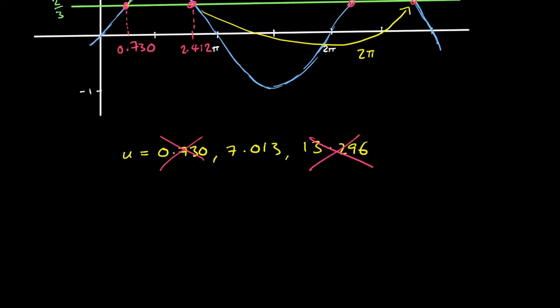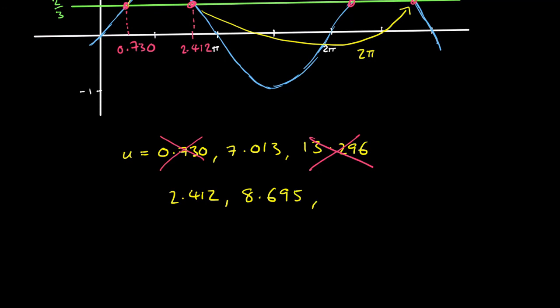Okay, what about my other values? Well, I've got 2.412, and then this guy here, I'm going to add 2 pi as well. And that gives me 8.695. So I've got another solution of 2.412 and 8.695.